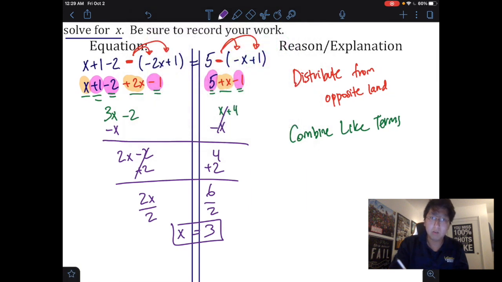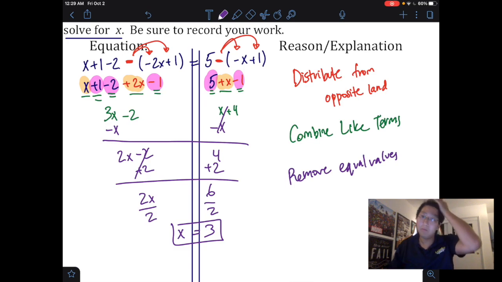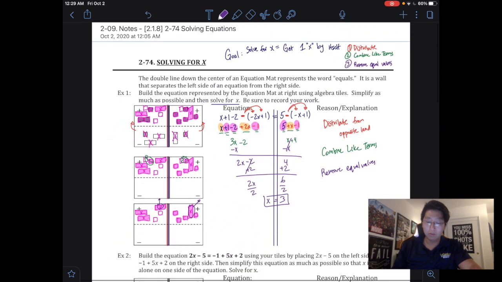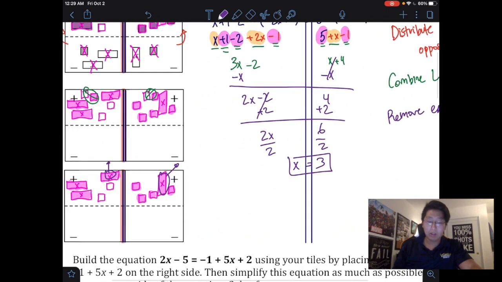And then the third thing we did was, what was it? Oh, remove equal values. So we were able to get x by itself.